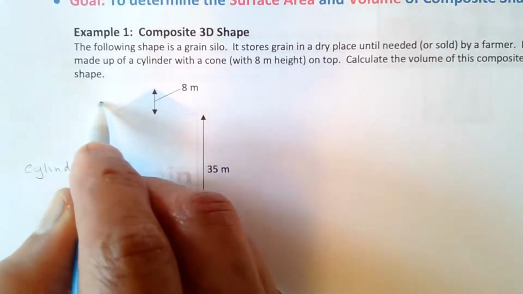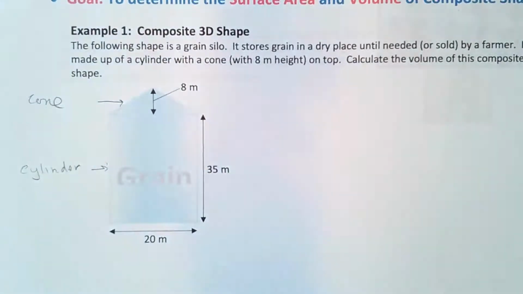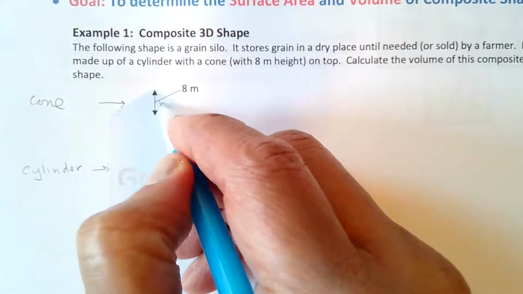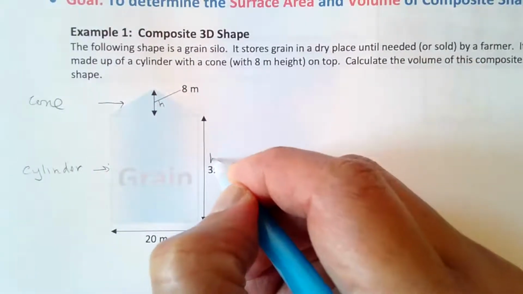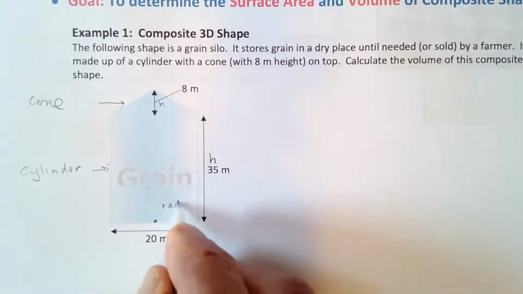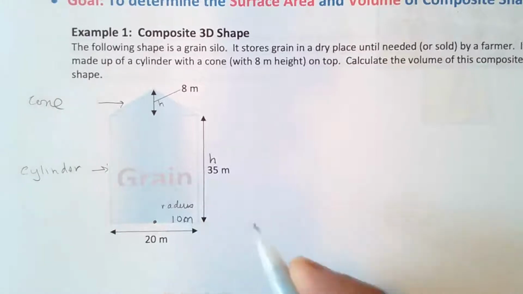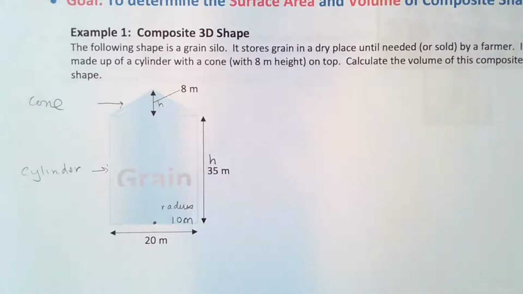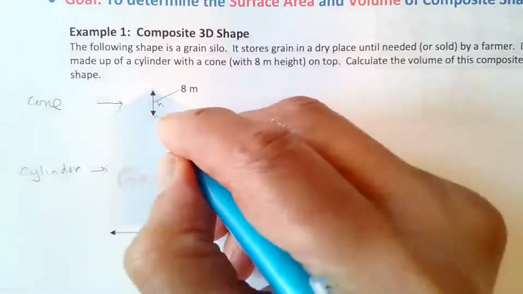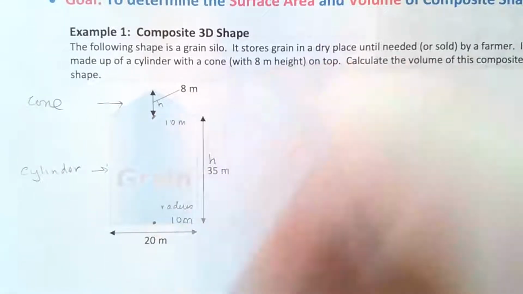So this is your cone at the top here. Now the height of the cone, we put h here, the height of the cylinder is h, and the diameter is 12. So the radius here will be 10 meters. So we have 10 meters also here as our radius. We'll need the radius for the cone.